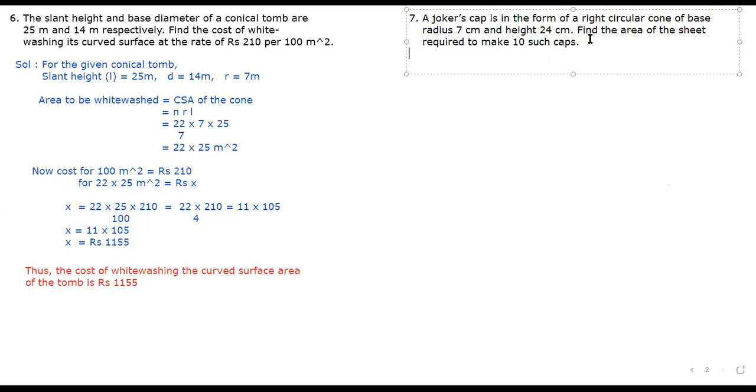One joker's cap का sheet कितना रहेगा? हाँ children. Suppose the joker's cap is in the shape of a cone. So how much sheet is required for one cap?